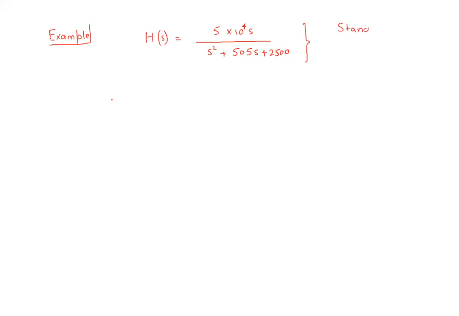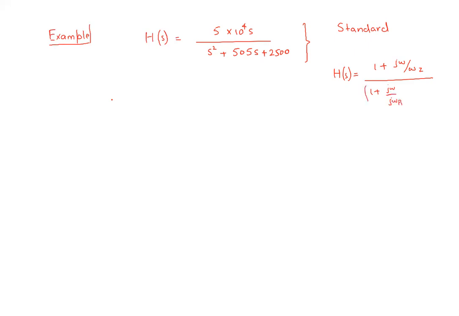What is meant by standard form? That we all need to be a bit aware of. When you remember, we used to write H of s in this form: 1 over j omega divided by omega z, divided by 1 plus j omega by omega p1.